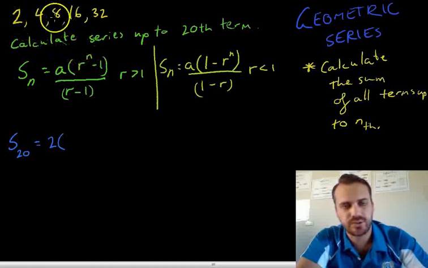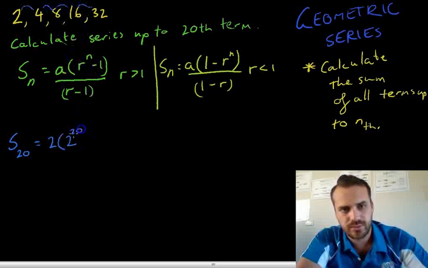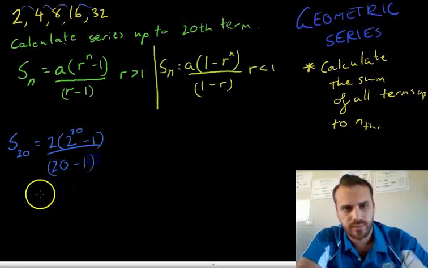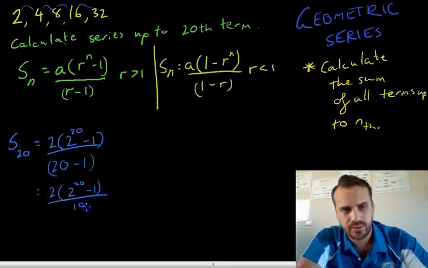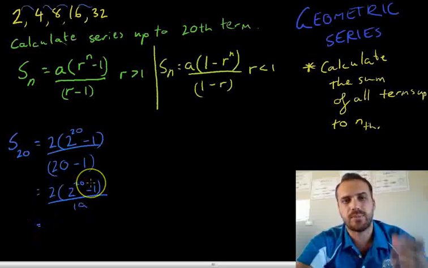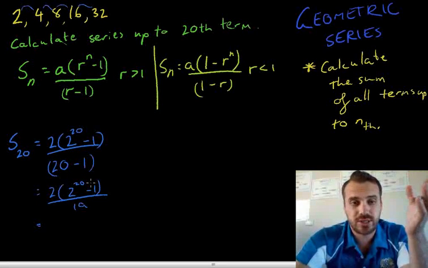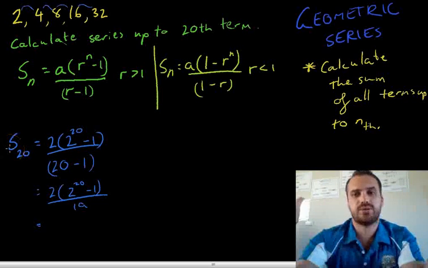So the ratio here is also 2, times 2, times 2, times 2. 2 to the power of n, which is 20, minus 1, all over r minus 1. So that's 2 times (2 to the 20 minus 1) over 19. Now obviously this is going to give us a big number. You wouldn't expect anything different. We're taking 2, we're doubling it each time 20 times, and then we're going to take all those numbers and add them together.